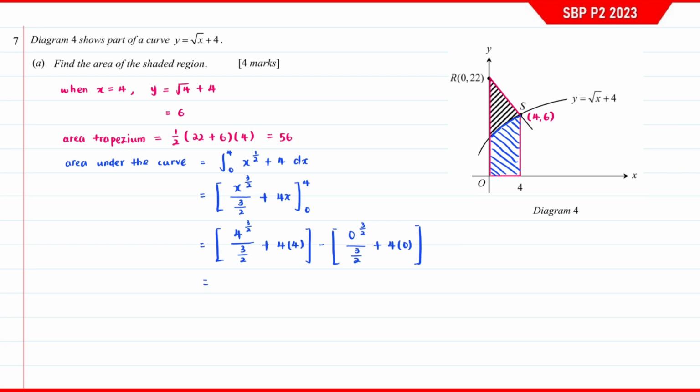So the answer here will be equal to 64 over 3. So the area of the shaded region will be 56 minus 64 over 3, which is equal to 104 over 3, or 34 and 2 over 3.